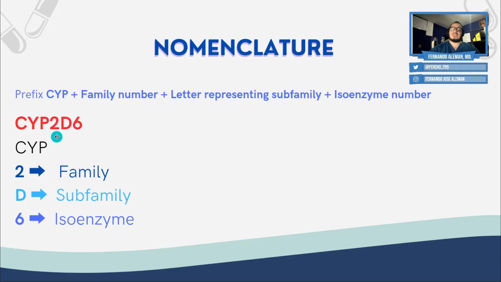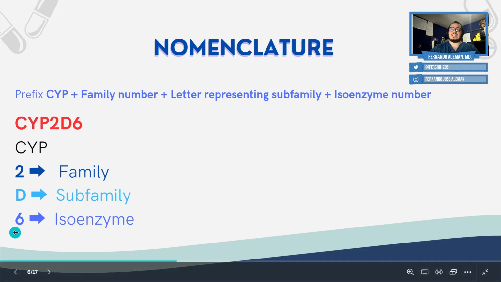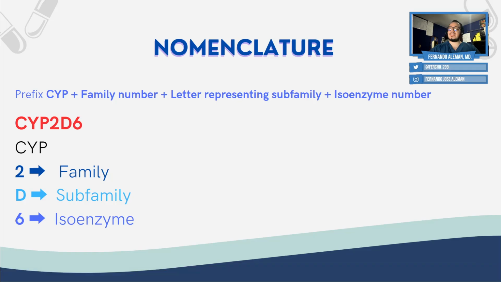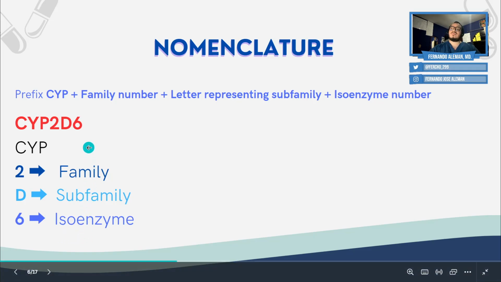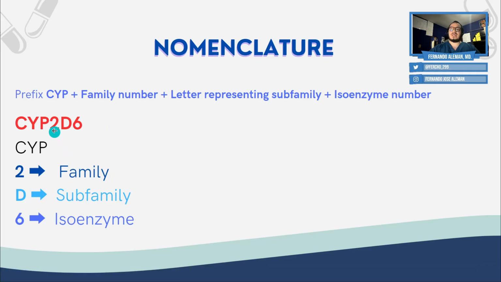In this case number 2, which is referring to the second family, and then we will have a letter, in this case D, which is the subfamily, and finally we have a second number, which in this case is 6, which will be the isoenzyme.